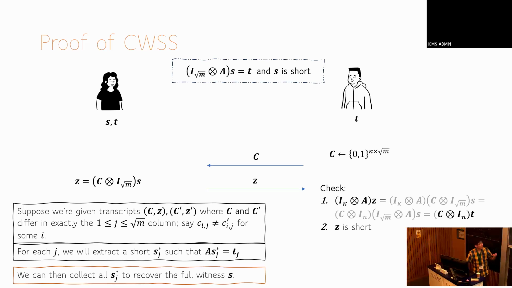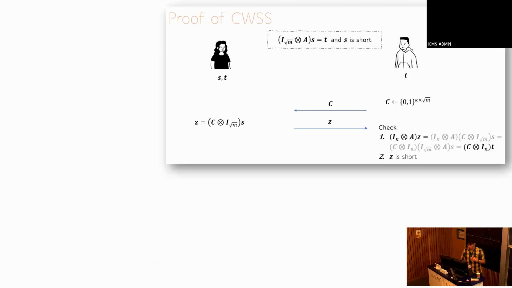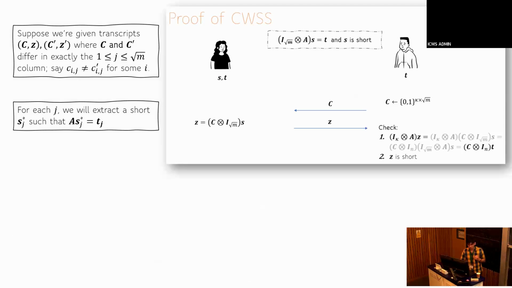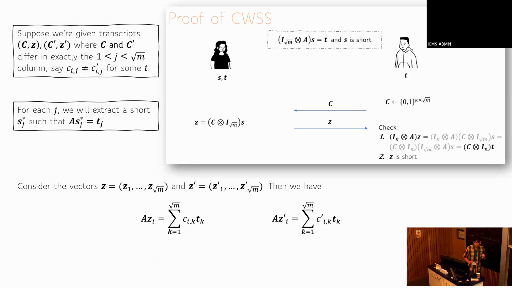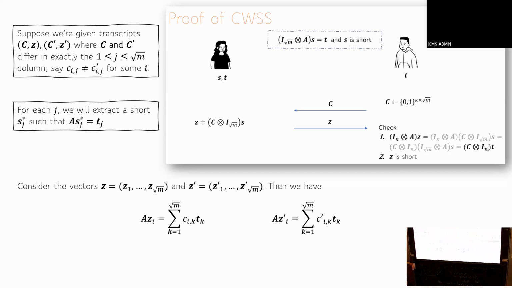I mean, yeah. So that we can collect all the s_j stars to get the S. Okay, so I'm just going to look at the verification equation. That's it, right? So suppose I have these two transcripts, C and Z, C prime and Z prime, and this Z, I can parse as a vector Z1, Z2 up to Z square root of m, and the same for Z prime. And then from the first verification equation, for some fixed i I get these two equations.